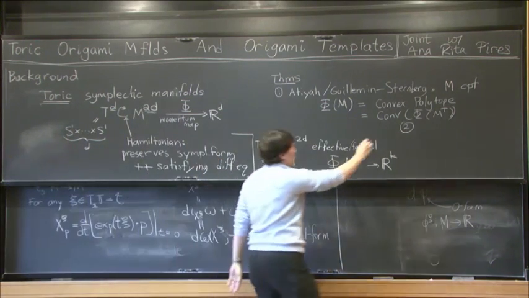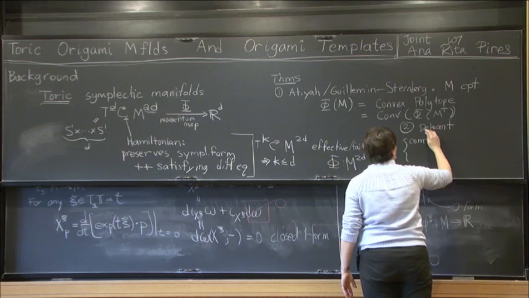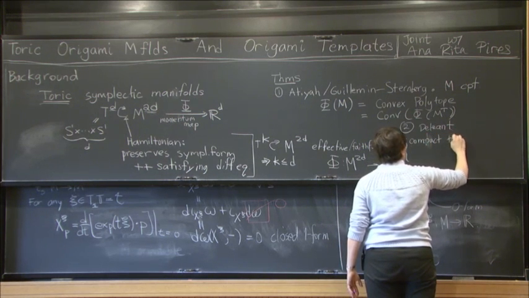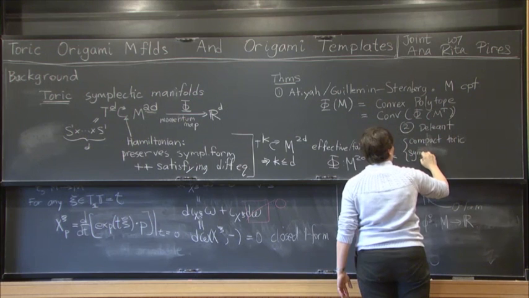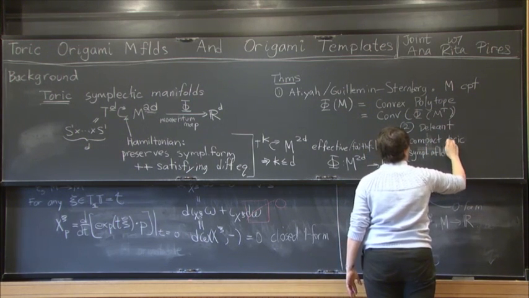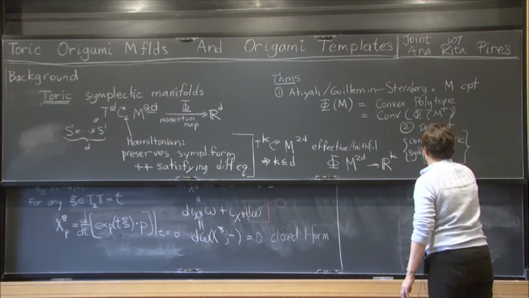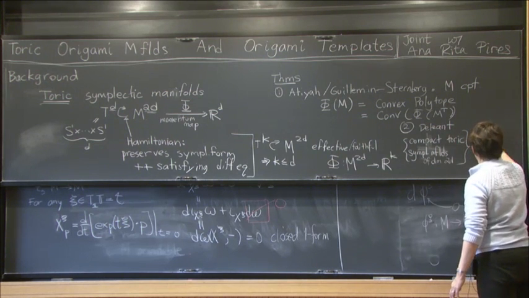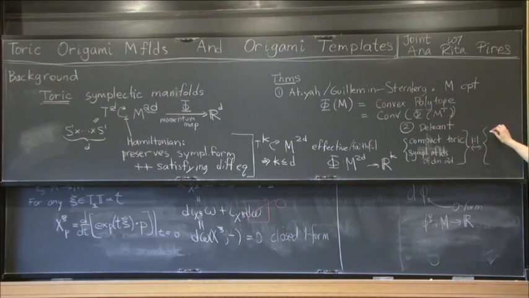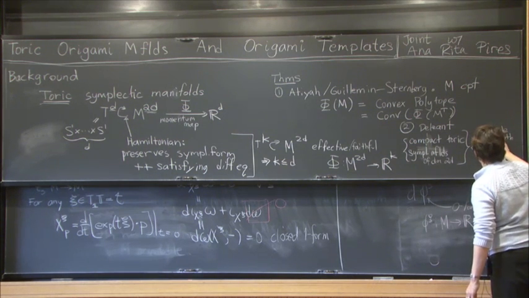And what Delzant showed is that compact toric symplectic manifolds, say of dimension 2d, are in one-to-one correspondence with a nice class of polytopes: simple, smooth, rational polytopes in R^d.